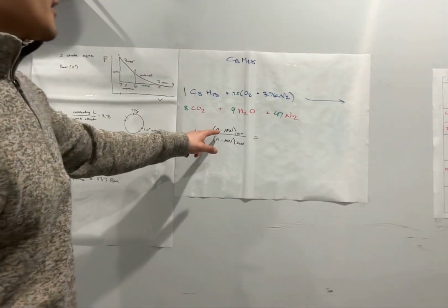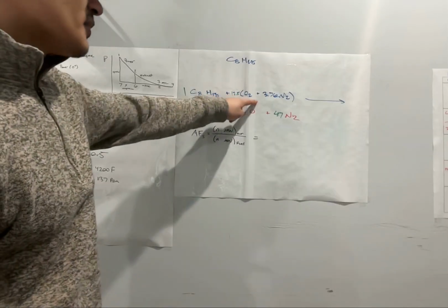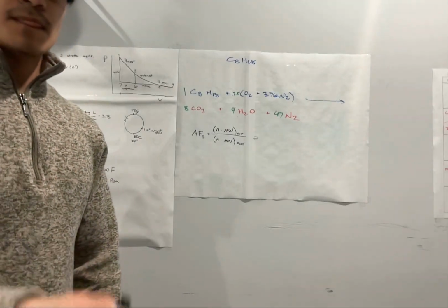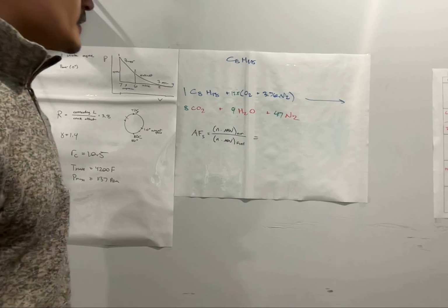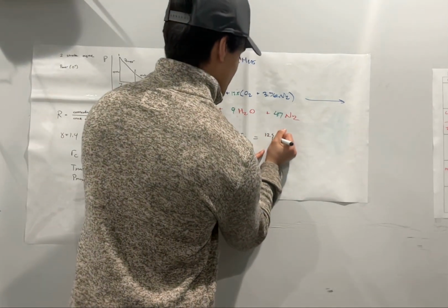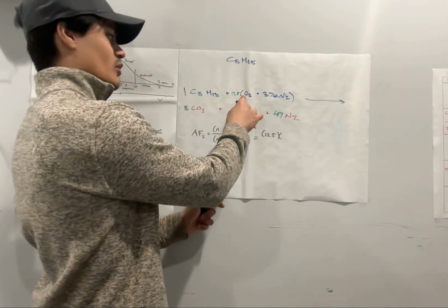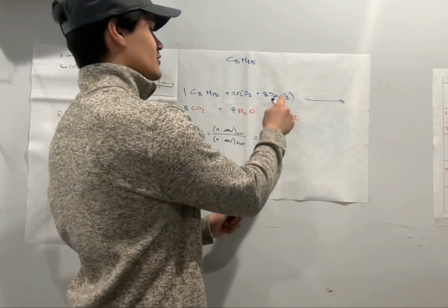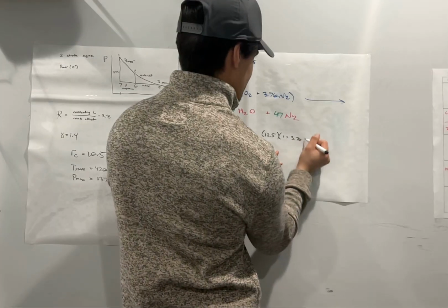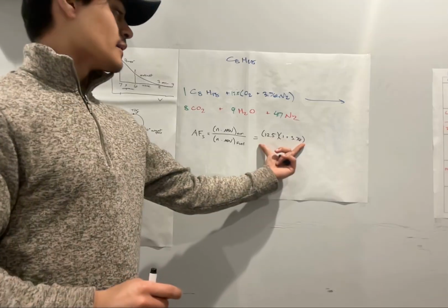The number of moles of the air is going to be 12.5 times 1 plus 3.76, because you're always taking the coefficients for the number of moles, right? So you have a 12.5 here, and then the coefficient before O2, which is 1, and the coefficient before N2, which is 3.76, so it's going to be 1 plus 3.76. So that's your number of moles for air.